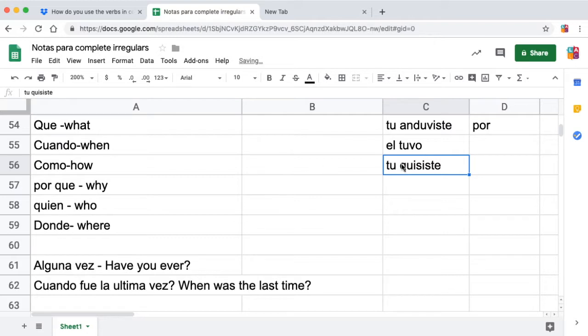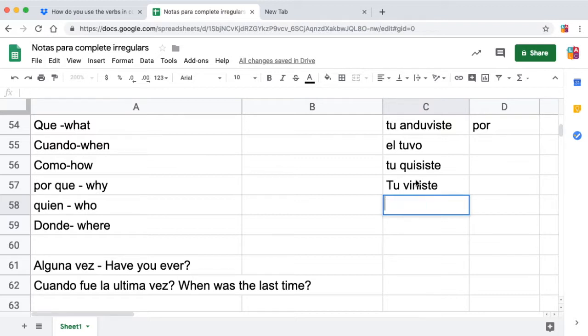So, cuando tú quisiste, tuviste, viniste, which means you came. Remember which other ones? Unfortunately, I cannot hear you. But anduviste, tuviste, quisiste, pusiste.